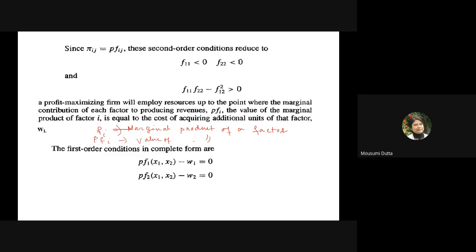Okay. So what I am telling, a profit maximizing firm will employ resources up to the point where the marginal contribution of each factor to producing revenues, which is equivalent to PFI and which is equivalent to the value of marginal product of factor I, is equal to the cost of acquiring additional units of that factor, say Wi.